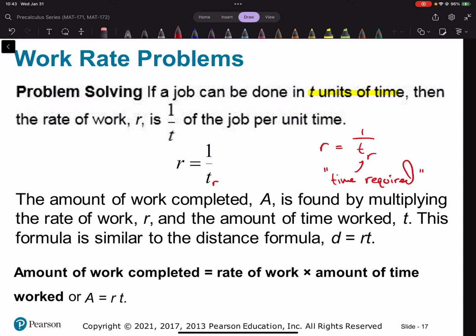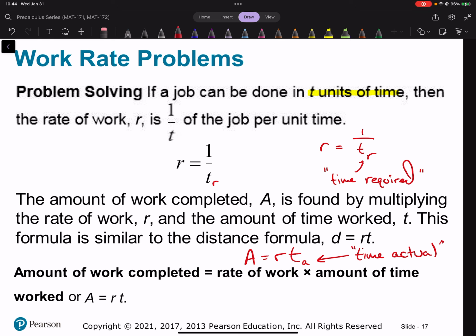So going on down here to this paragraph, it says, the amount of work completed, A, is found by multiplying the rate of work, R, and the amount of time worked, T. You see how they're using T again? So they say that this formula, A, which stands for the amount of work, is equal to R multiplied by the time spent working. So we're going to call that time actual. This is the time we actually spend working.